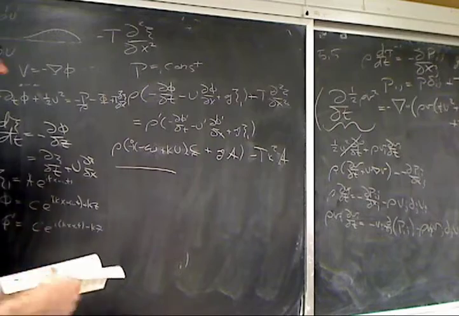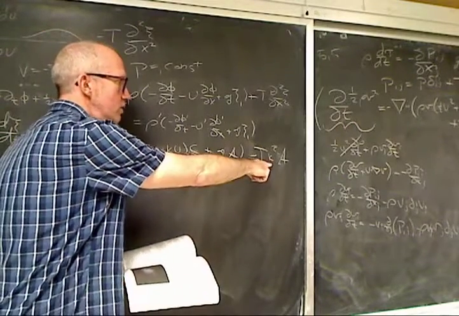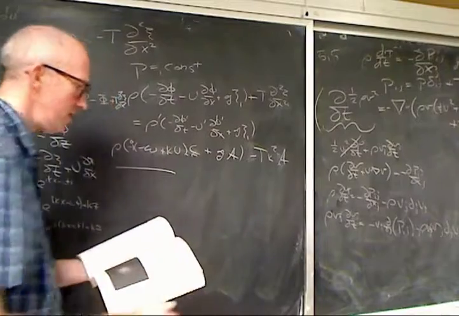It just gets sucked onto the A. So anywhere the G shows up, you're going to get a T times K squared A as well.